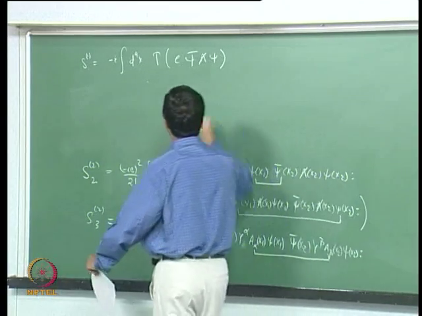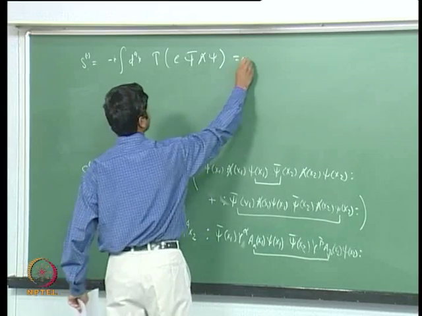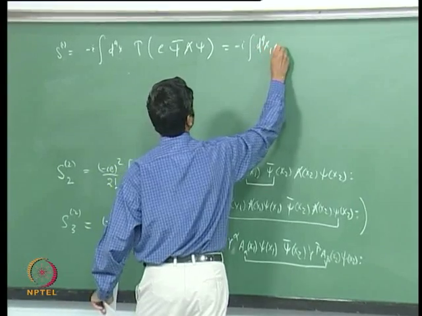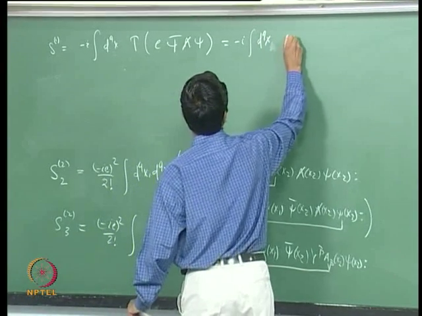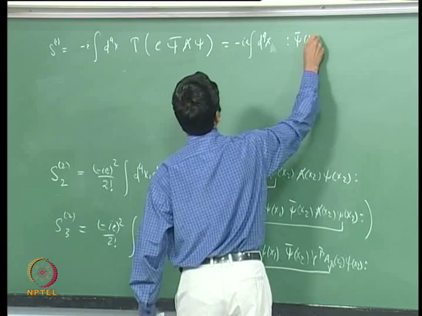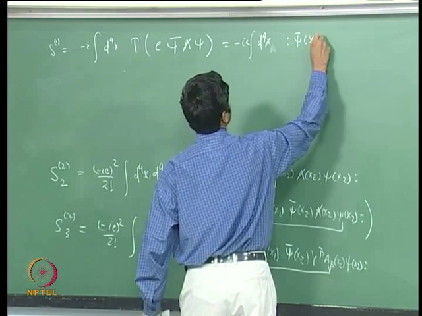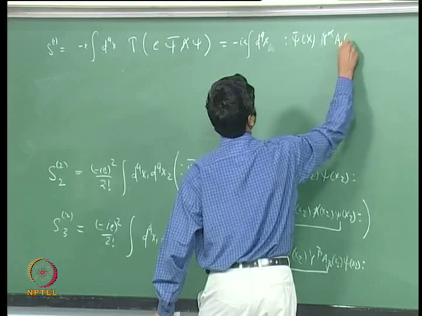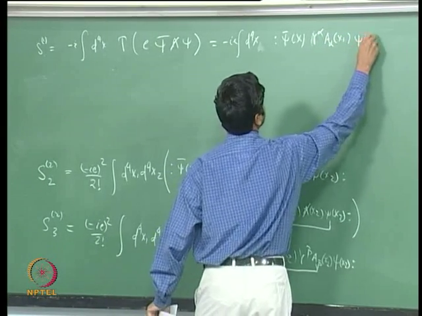which is also equal to the normal order product of itself, minus i d4 x1, normal order product of psi bar of x1 gamma alpha A alpha of x1 psi of x1.